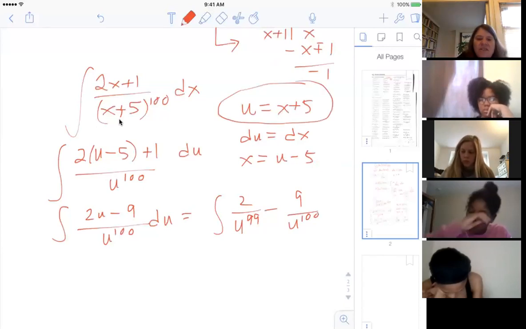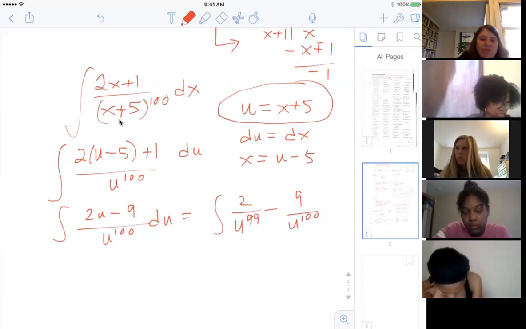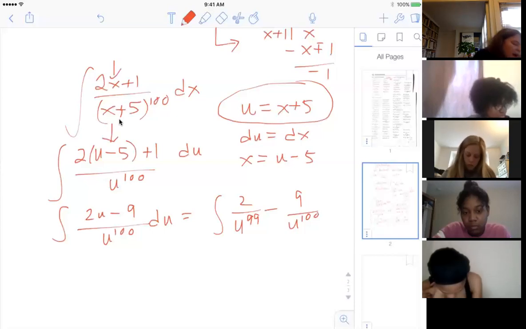Since I'm trying to write all of this in terms of u, x is u minus 5, so for that x right there, I'm going to put in u minus 5, and now the whole thing's in terms of u. So this is a more complete way to use your substitution.